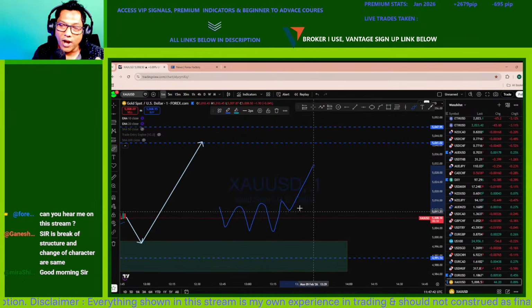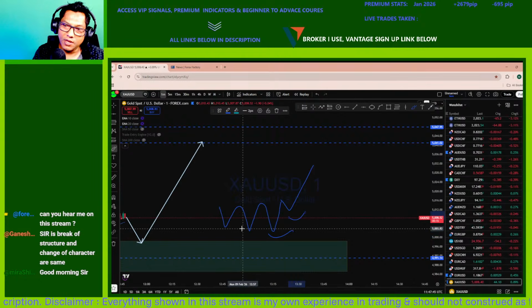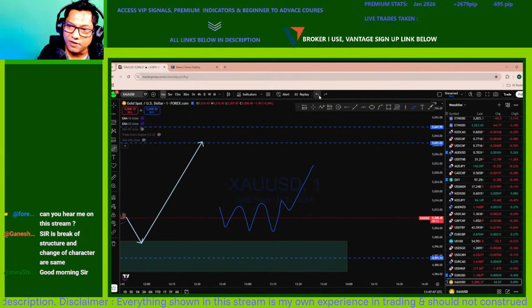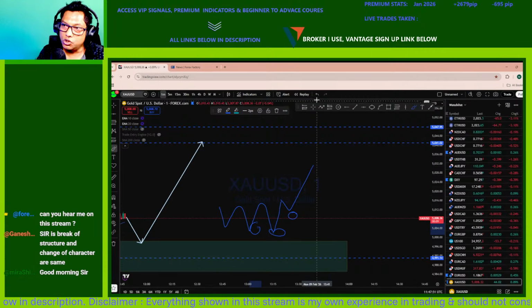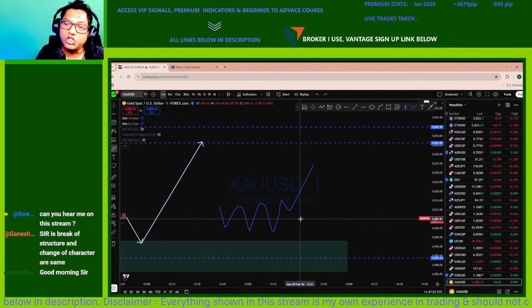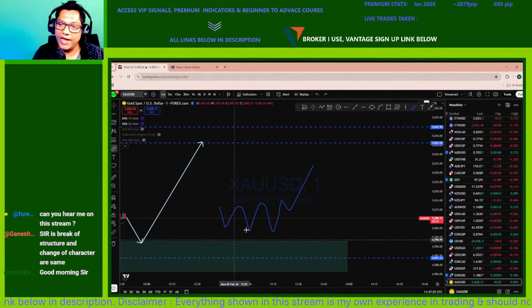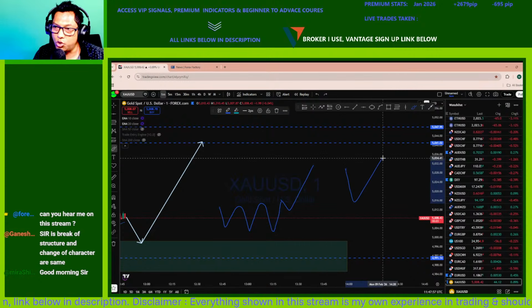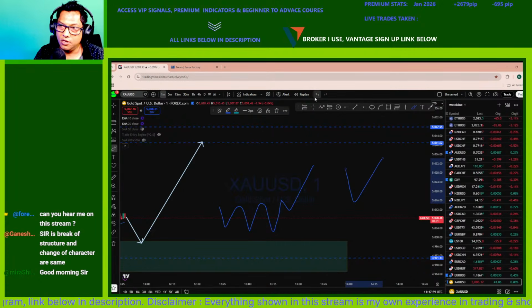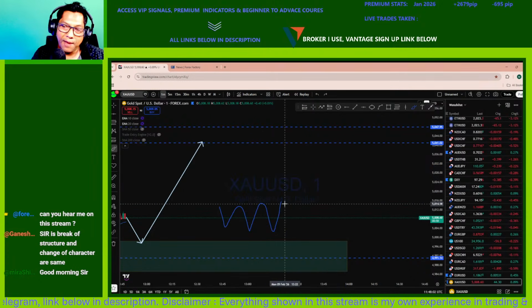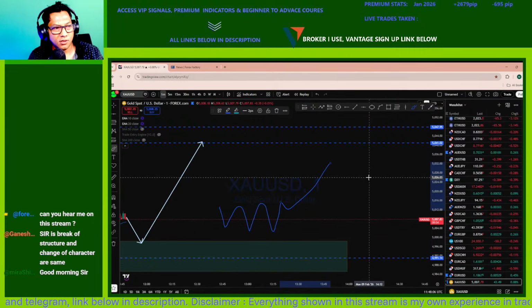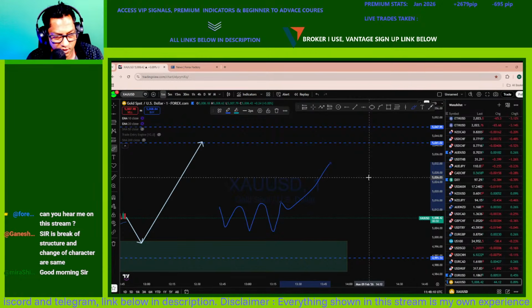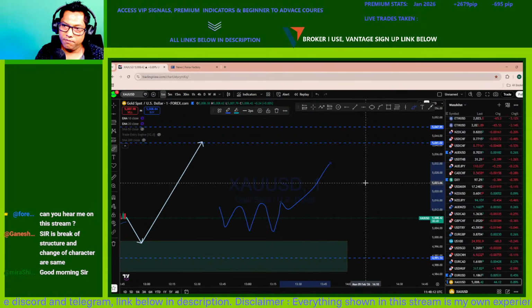The market creates an inverted head and shoulders, and so it changes its character from sideway to uptrend, or downtrend to uptrend. That's CHoCH. CHoCH happens once, at the beginning of the trend, a change of character from a downtrend to an uptrend, or from a sideway to an uptrend, with a breakout.